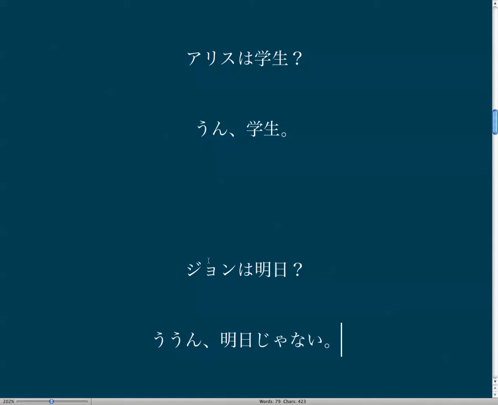Since we have no context, we don't have enough information to make any sense of this conversation. It obviously makes no sense for John to actually be tomorrow.